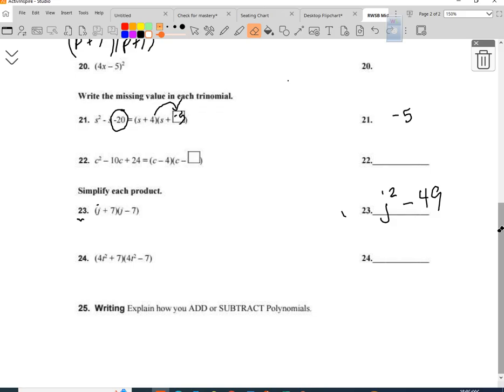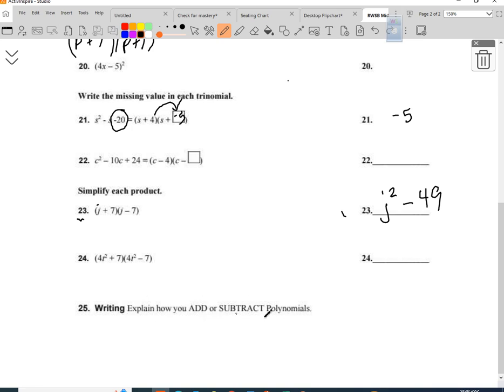Explain how you add or subtract polynomials. What would you think? Anybody? How do you add and subtract polynomials? We add the coefficients or subtract the coefficients of the like terms. Right?